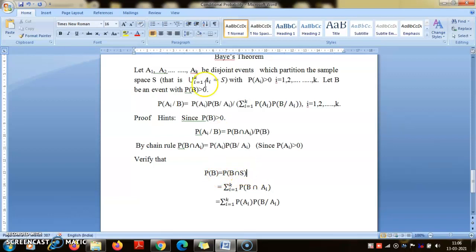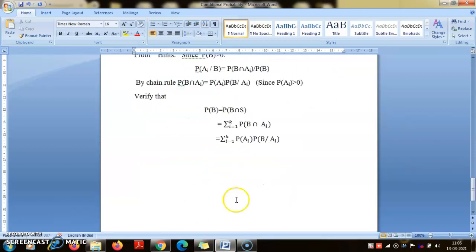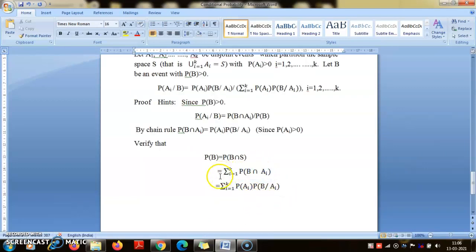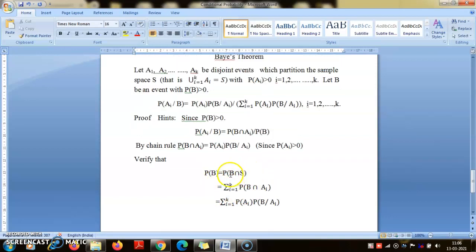Now S is the union of the Ai, and the rest you should be able to figure out. I am leaving this line, where I write B intersection S as the sum of these probabilities, for you as food for thought, and the rest I think all the steps I have discussed.